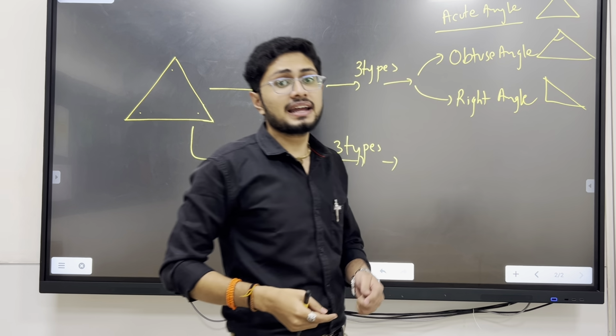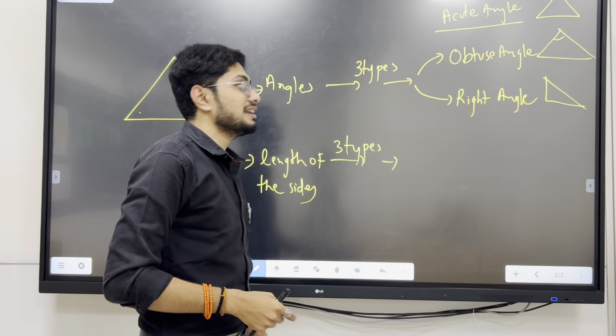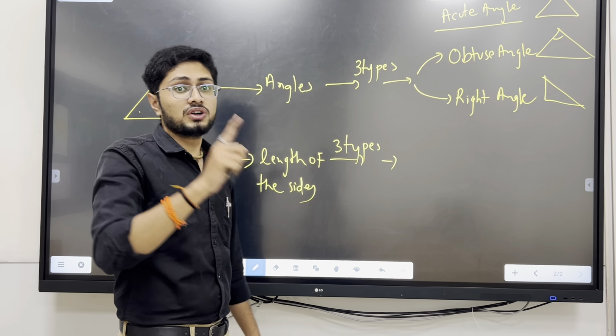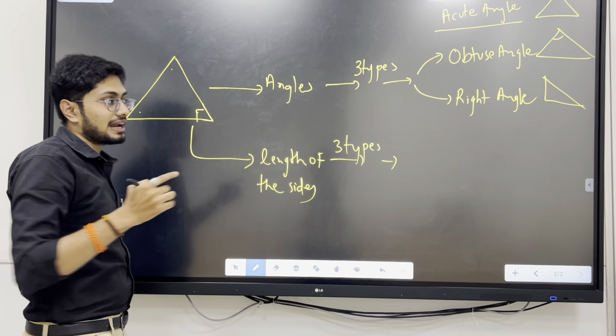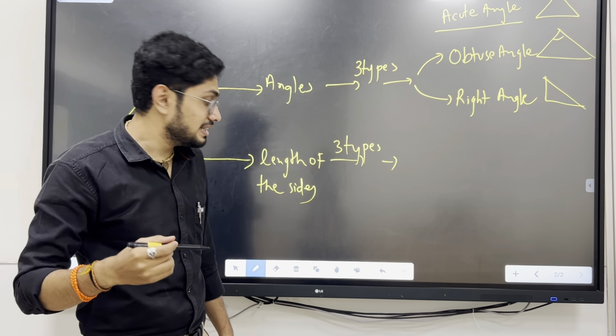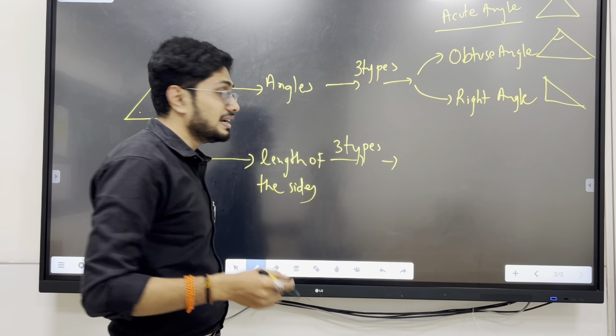In a right angle triangle we have one criterion: among the three, only one angle has to be a right angle. Right angle means what? 90 degrees.